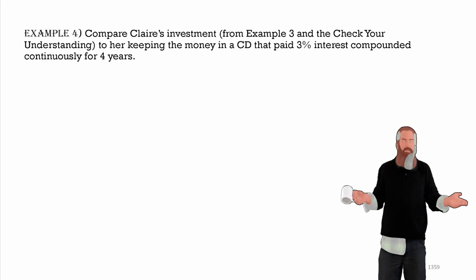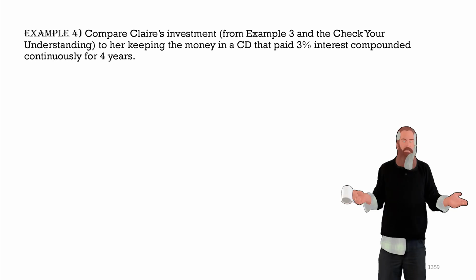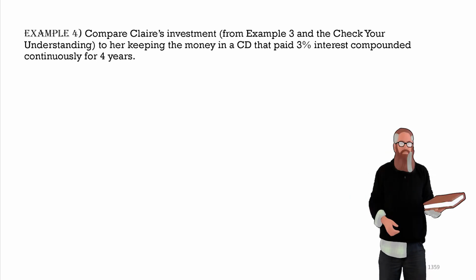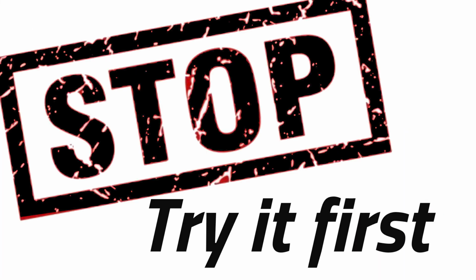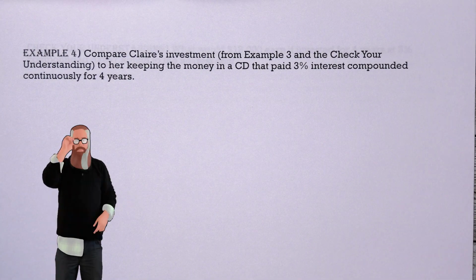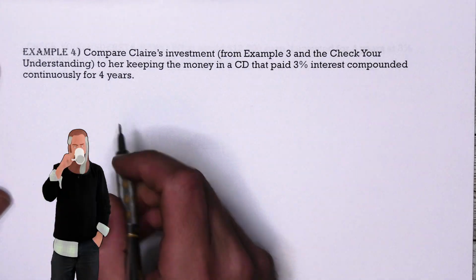Now, let's compare Claire's investments from the example 3 and the check your understanding to her keeping the money in a CD that paid 3% interest compounded continuously for 4 years. We would need to compute the balance after 4 years in the CD by substituting into the continuously compounding formula that we learned back in the unit on banking services.